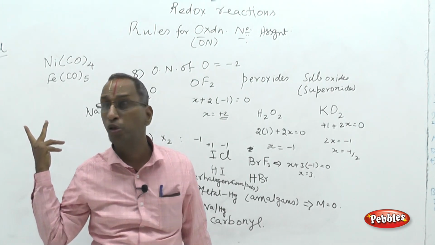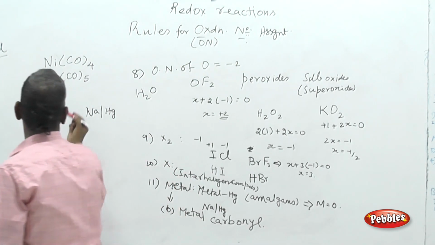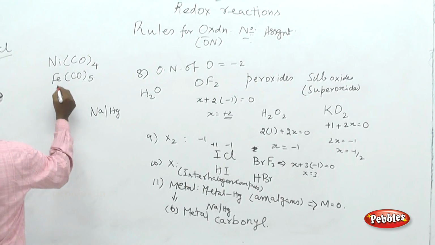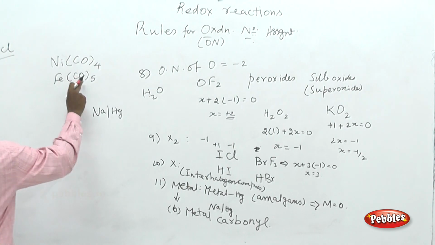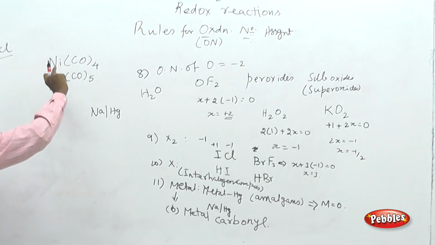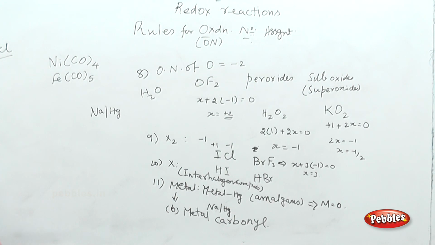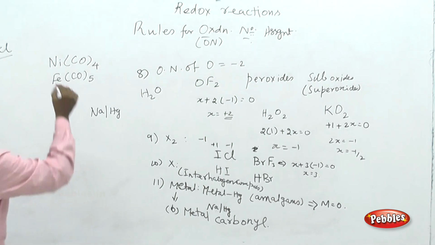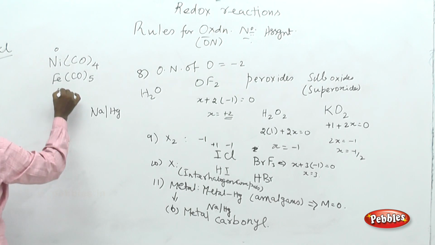In these compounds, once again, you should not split Fe(CO)5 as Fe5 plus and CO5 minus, not like that. Ni(CO)4 cannot be split as Ni4 plus and four CO minus. So in all these cases, the oxidation state is only 0.